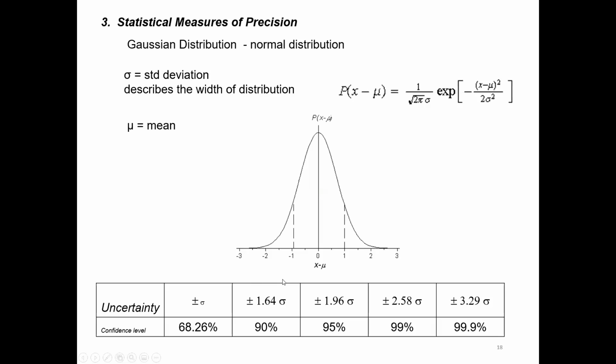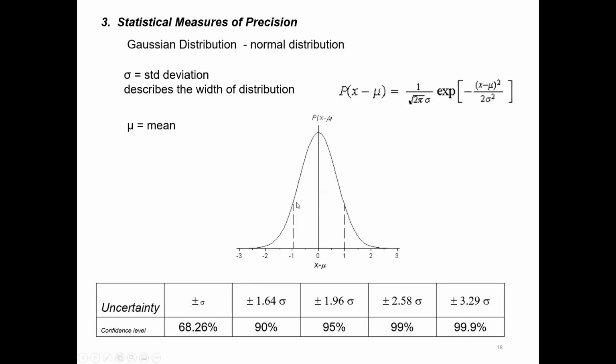So if we look at the confidence level at plus minus 1 sigma, the confidence level will be roughly 68%. What does that mean? The 68%.